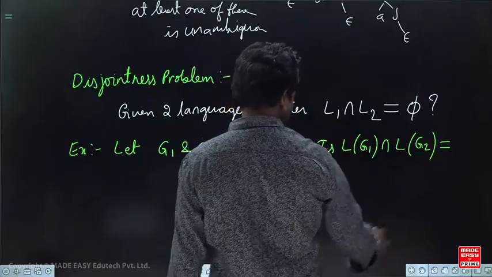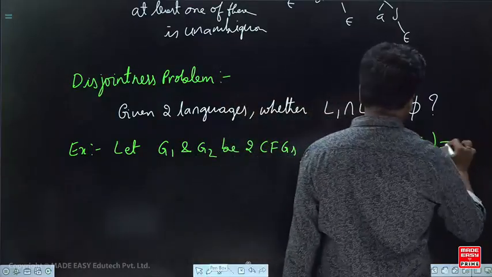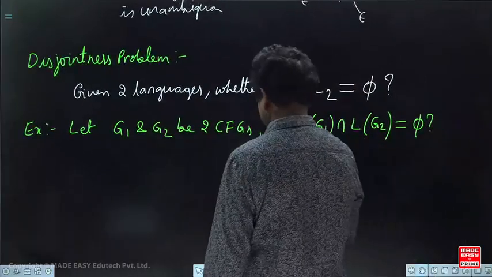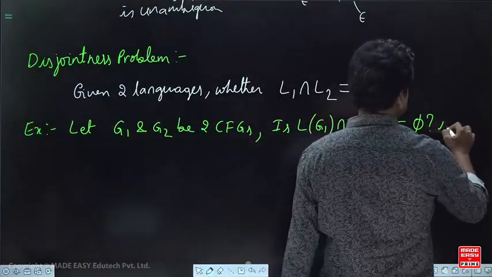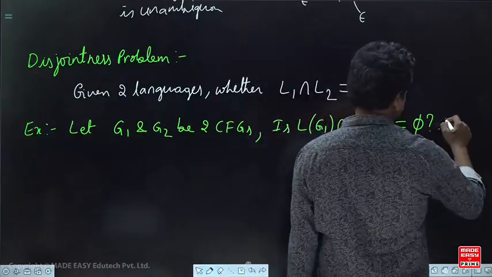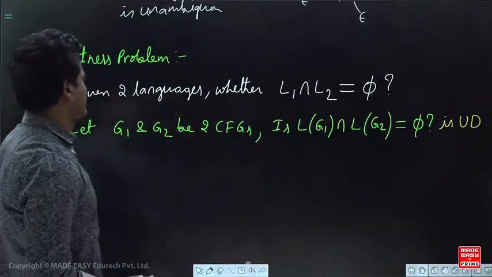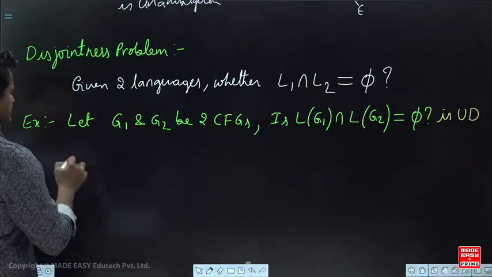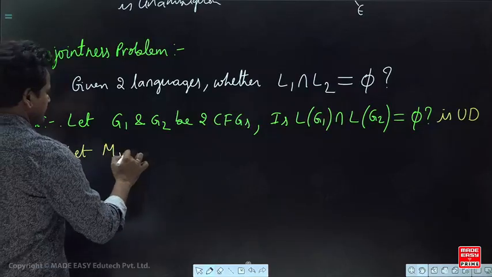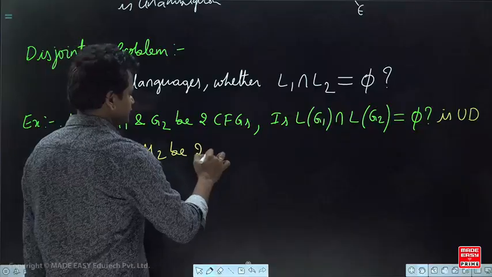Is L of G1 intersect L of G2 equal to empty? It is undecidable. Now, next, second example. Let M1 and M2 be two Turing machines.